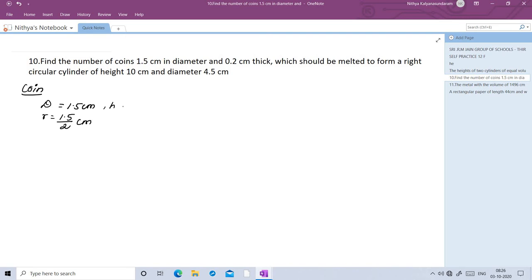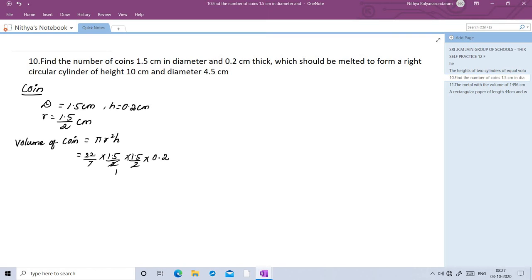Height is 0.2 centimeter. So volume of coin is equal to pi r square h: 22 by 7 into radius is 1.5 by 2 into 1.5 by 2 into height is 0.2.